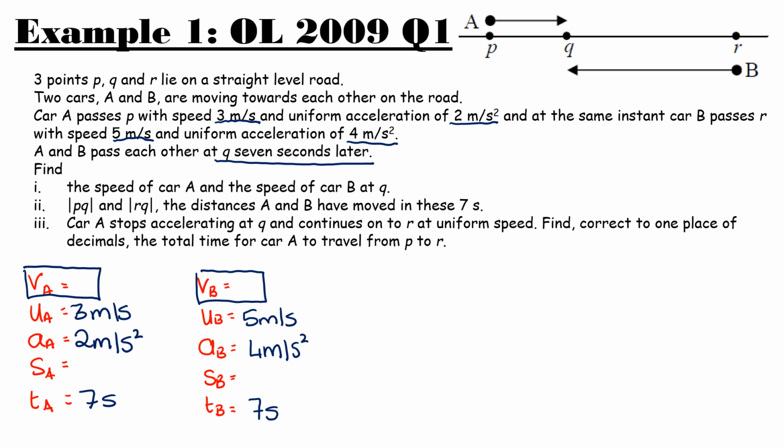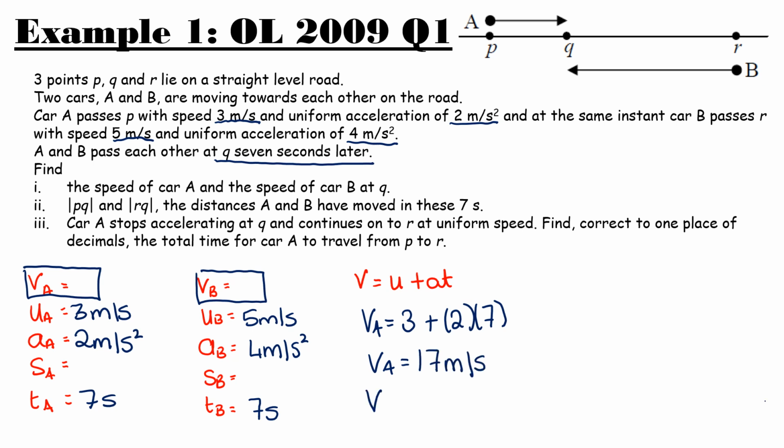So we have enough information for both of them to work out our V. We're going to use V equals U plus AT for both. So the velocity of A is going to be UA, which is 3, plus A, which is 2, times T, which is 7. So that is 2 times 7, which is 14, plus 3, which gives us 17 meters per second.